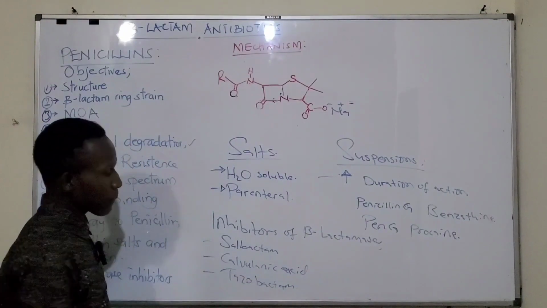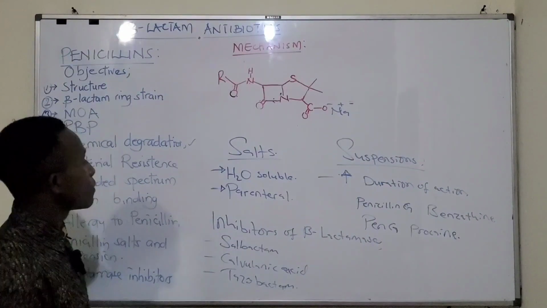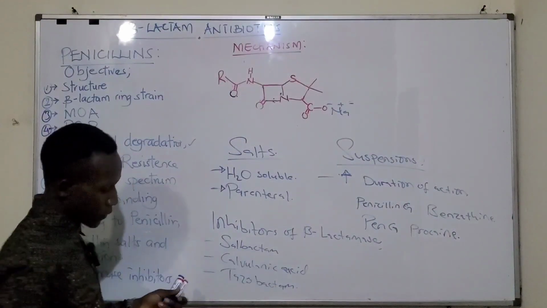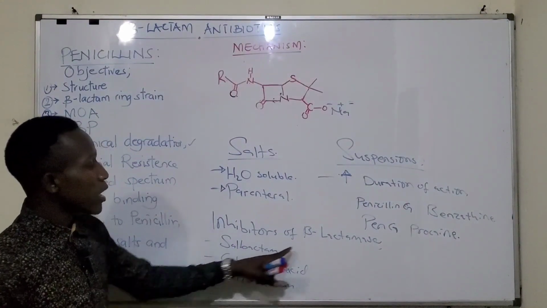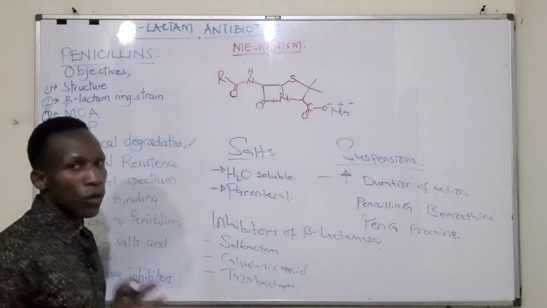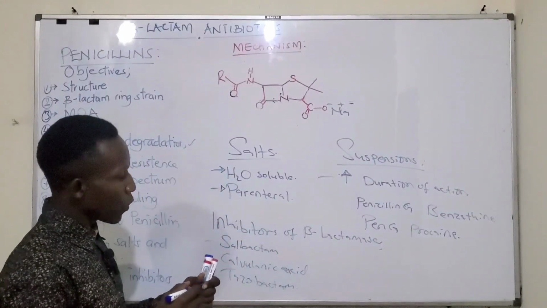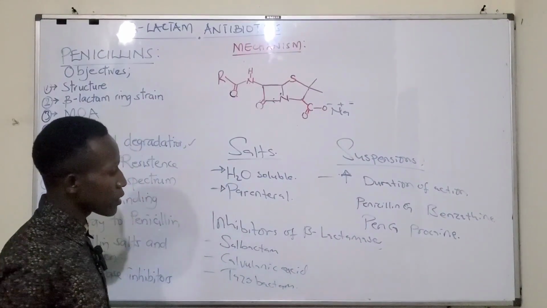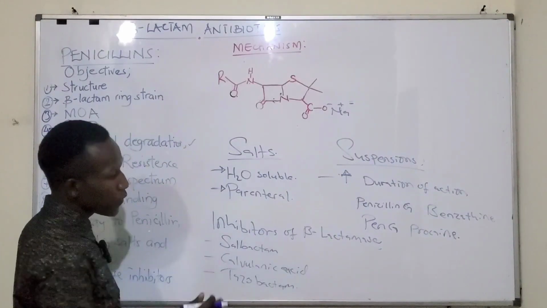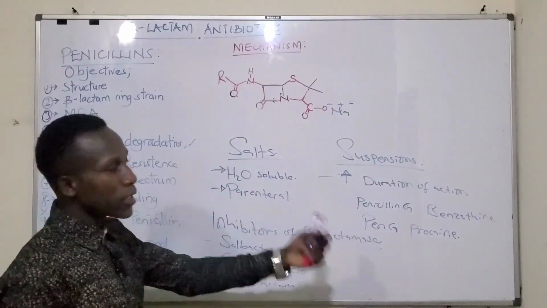So, these inhibitors are given together with penicillins because they have high potency at inhibiting the beta-lactamases, but they have low activity for destroying those bacteria. Because of that, they will be given with penicillin so that they inhibit and then the penicillin does the activity.